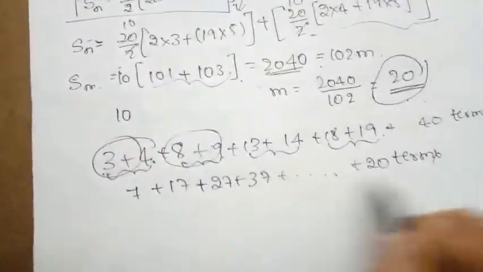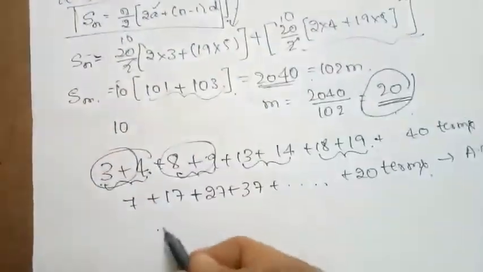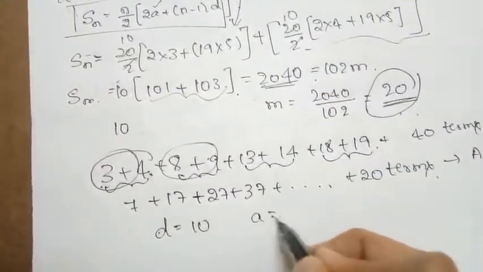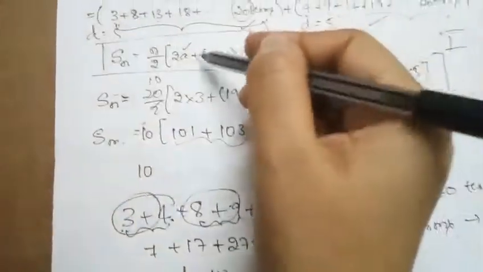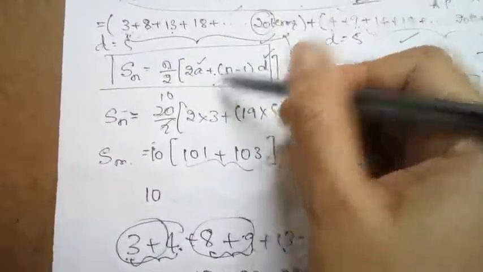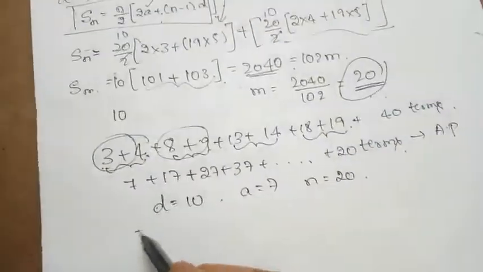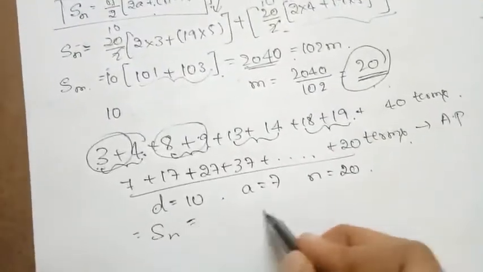Again, this sequence is in arithmetic progression, so we use the same formula. Here the value of d is 10 and the value of a is 7. Again the value of n is 20 here. Use this formula. Earlier we used this formula for both series, but here we can use the formula only once, for this one series.